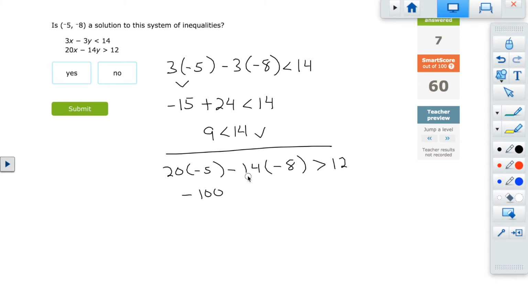Again, I'm going to do a negative times a negative, so that's going to be a positive. 14 times 8 gives me 112. But this time, this is not true because I don't have the equal to. When I subtract these and keep the sign of the bigger number, 12 is not greater than 12, so this is false. So this answer would be no.